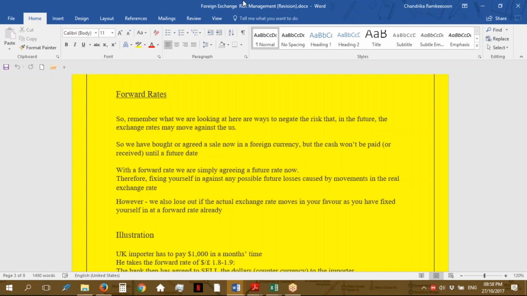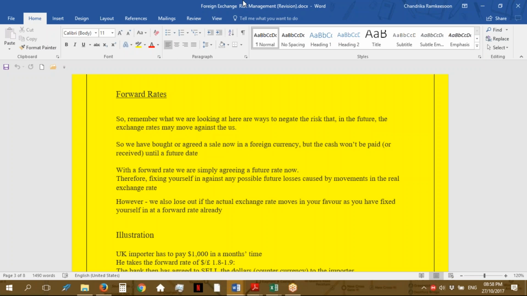Now, the fact that the rate is quoted today does not mean that you are using the rate today to pay the money over, after all, the money is being received in 3 months. What it simply means is that you know with complete certainty what your receipt is going to be in 3 months, because this rate quoted is a locked in rate. That is the rate that will apply in 3 months' time.